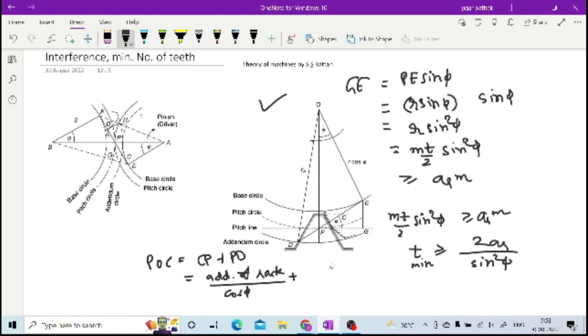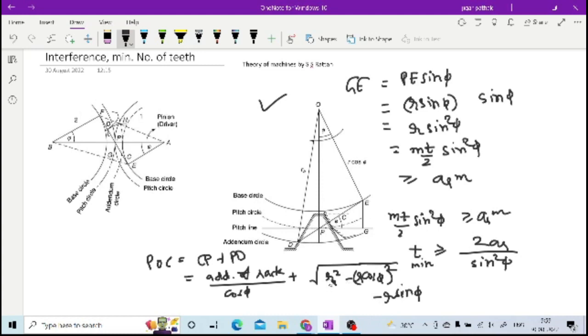Plus this PD is nothing but, again, as you have calculated for your previous pinion, so it is same as that one only, that is square root of RS square minus R cos phi whole square, minus R sin phi, right? So this is how you are having path of contact, right?